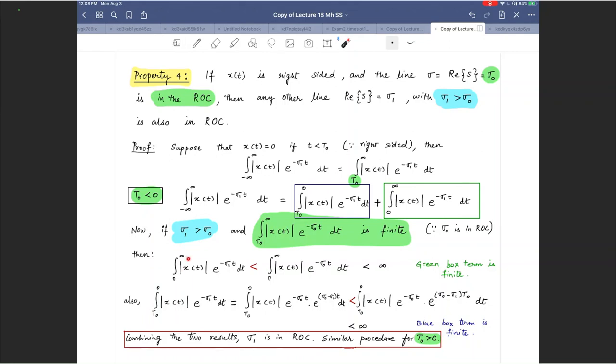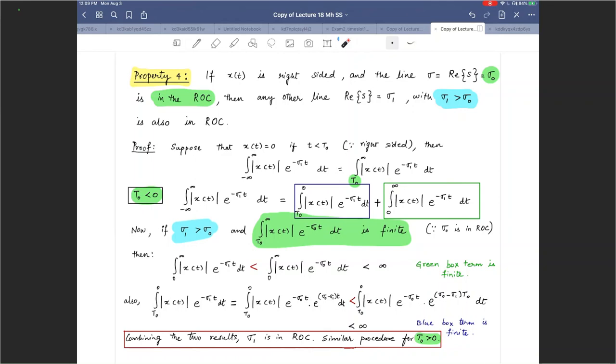You have 0 to infinity, absolute value of x of t e to the minus sigma 1 t dt will be less than 0 to infinity absolute value of x of t e to the minus sigma sub 0 t dt. Why is that? Sigma 1 is greater than sigma 0. So you have more damping here, because your time is positive. Because of time being positive and the exponent being a bigger negative number, that means more decay for the same amount of time. So if this is less than infinity, the other guy also has to be less than infinity. So the green box term has to be finite.